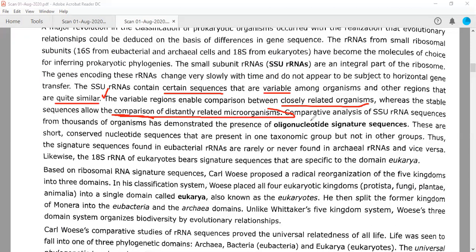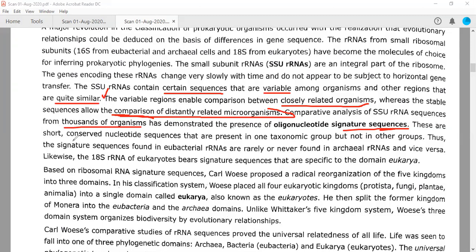So comparative analysis of these small subunit rRNA sequences from thousands of organisms has demonstrated the presence of oligonucleotide signature sequences. These signature sequences are important for classifying organisms into three domains of life.